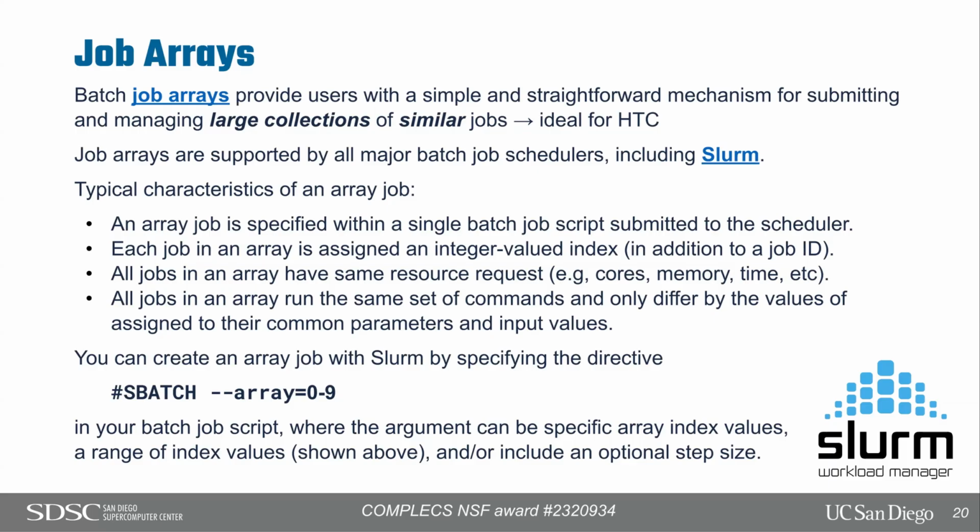In Slurm and other schedulers there is another attribute you can request to run it as an array, which in Slurm is the sbatch --array directive. Here in the example, I'm labeling it equals 0-9. So I'm going to run 10 versions of the same job if I add that line to my job script. It will run 10 identical copies of that same job script.